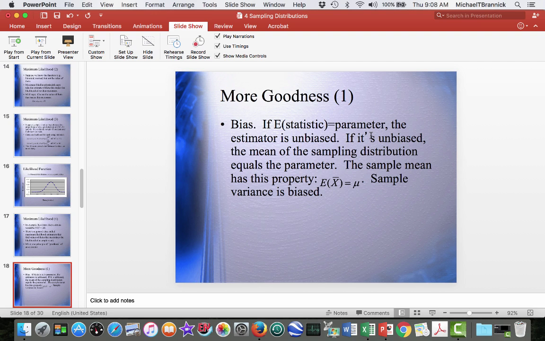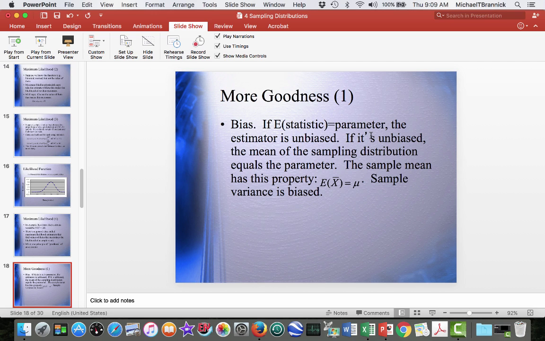The estimator is a way of computing a statistic, a way of estimating a population value. You're going to get a sampling distribution for that thing. If the mean of that sampling distribution is the parameter, then you have an unbiased estimator. So that statistic is unbiased if it results on average in exactly the right answer.